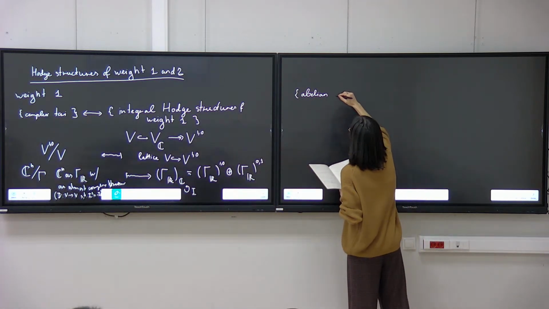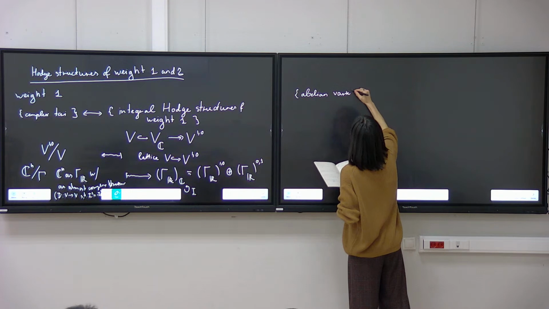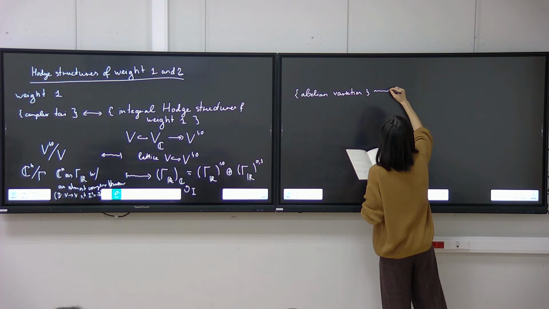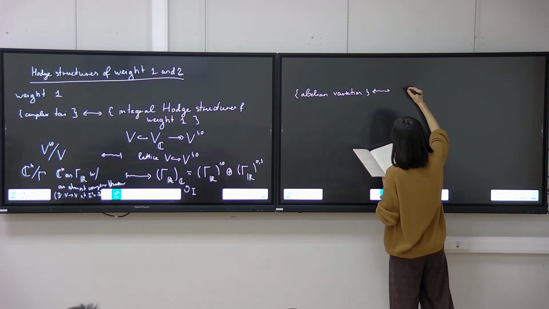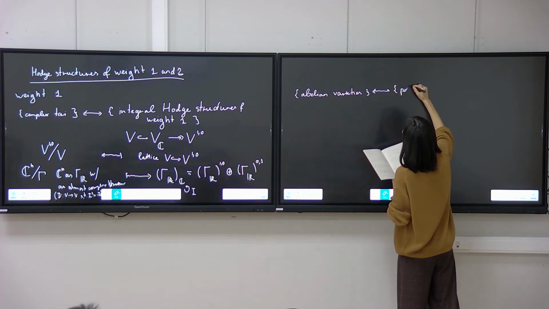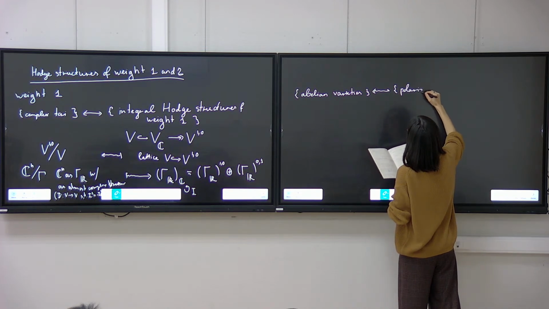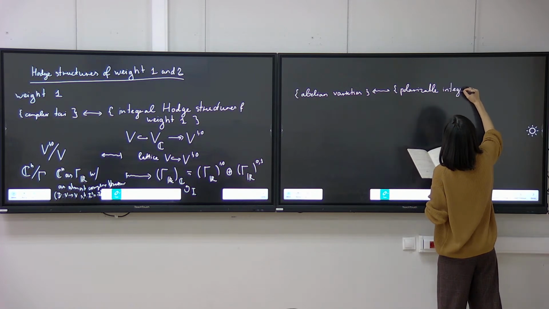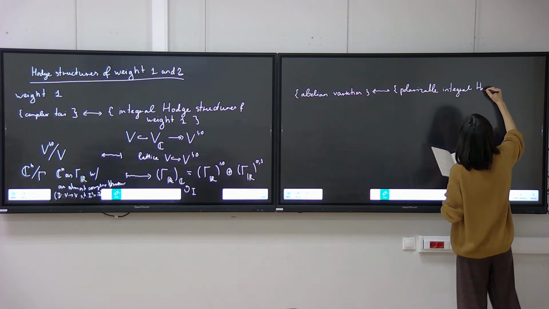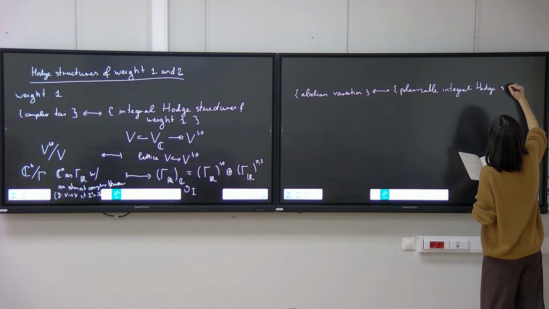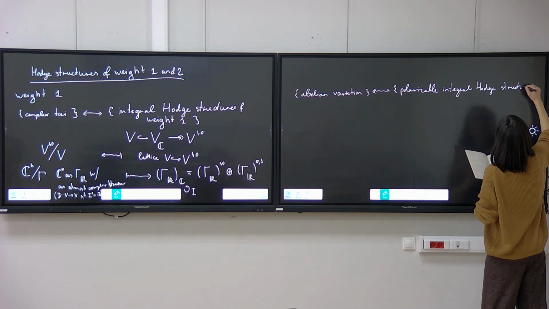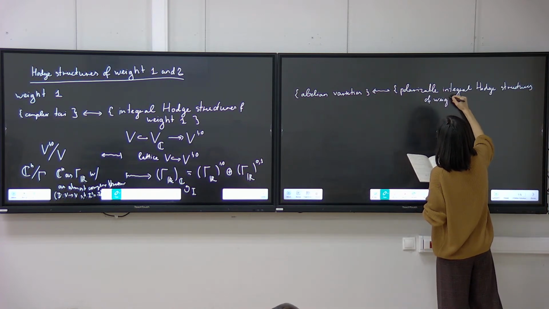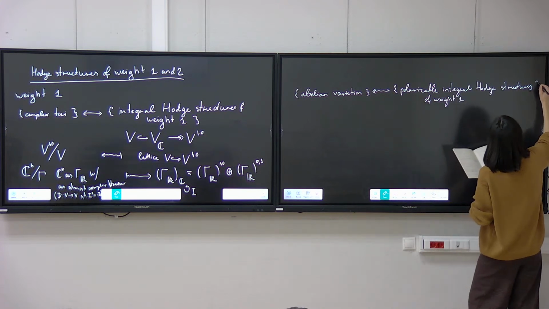And now for abelian varieties. This gives polarizable integral Hodge structures of weight 1.